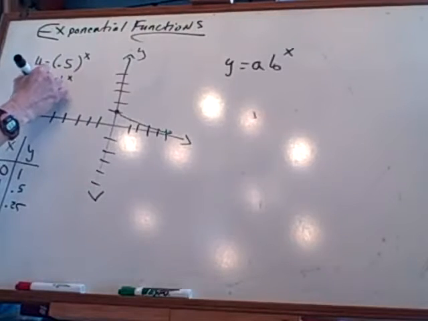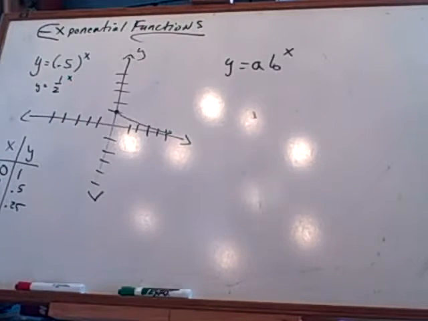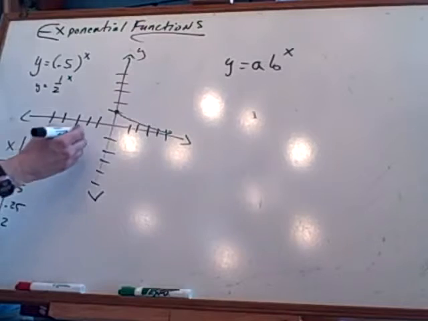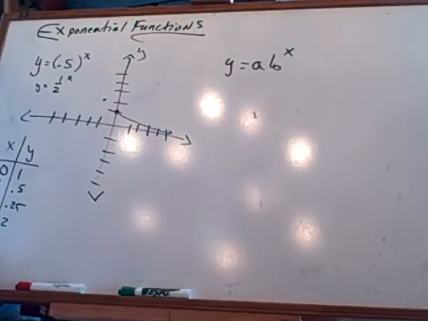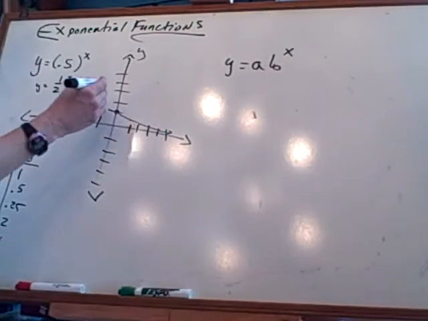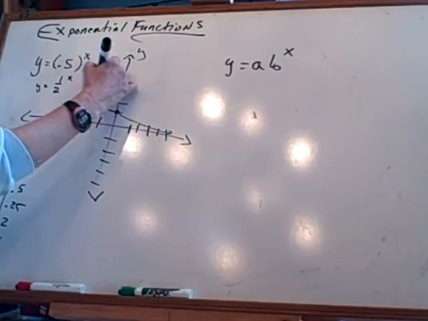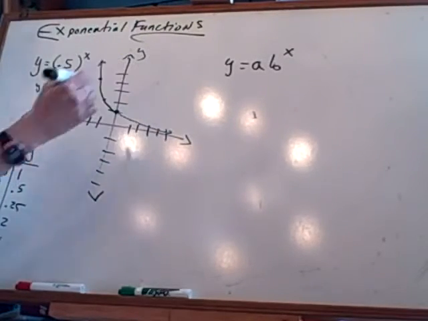That's one reason I like fractions; it's easier to see that 1/2 to the negative 1 is 2. What if we did negative 2? That'd be 4. And this one is just going to keep going up this way.